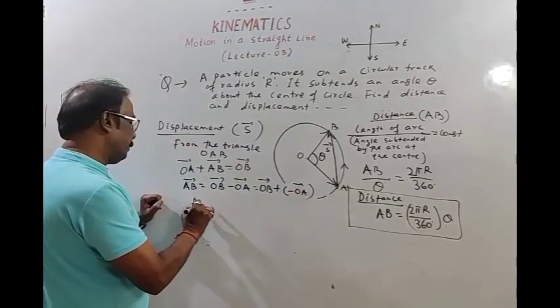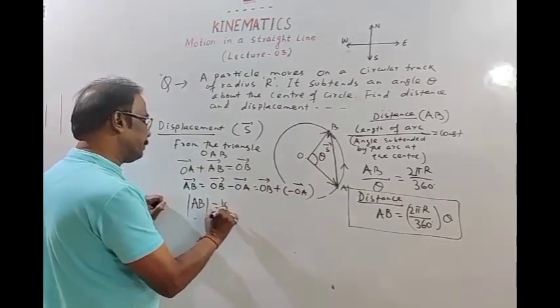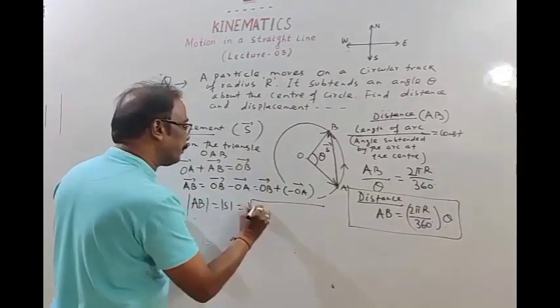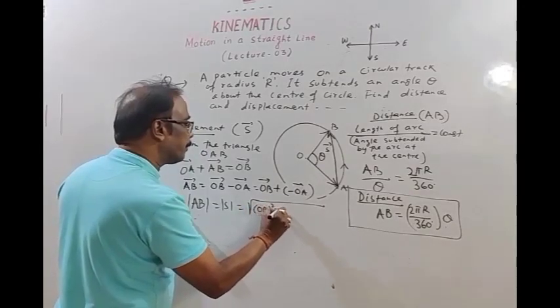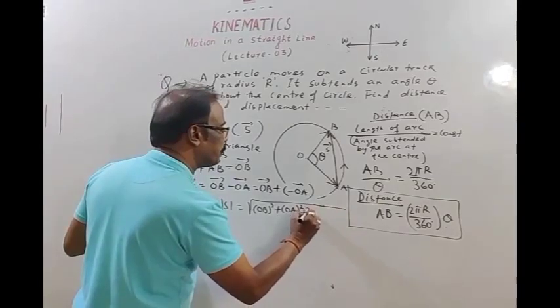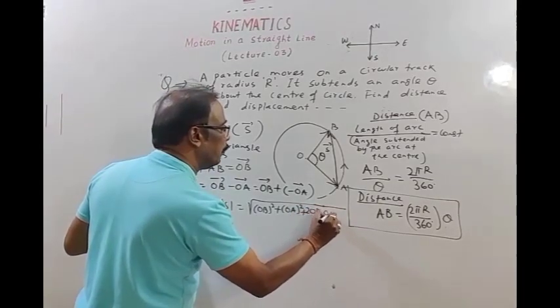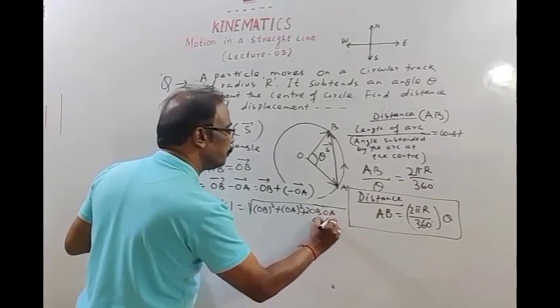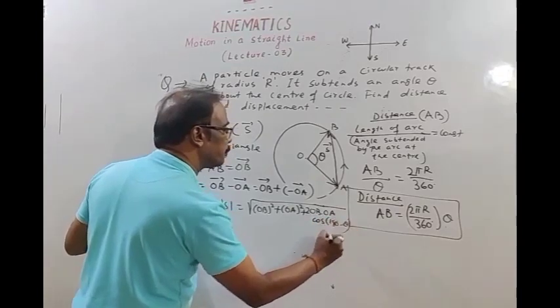Then the magnitude of AB, meaning the magnitude of displacement, equals the square root of OB square plus OA square plus 2 OB OA cos (180 degrees minus theta).